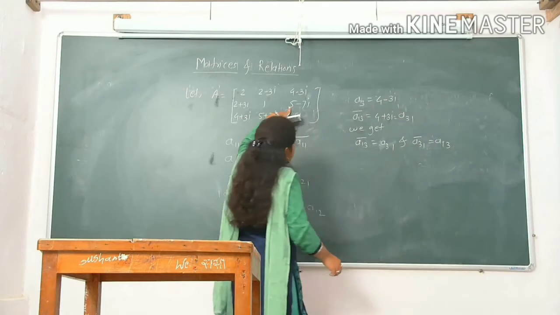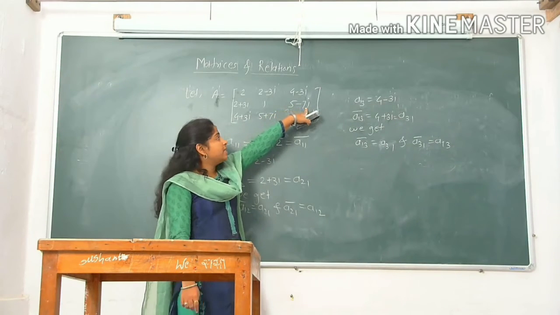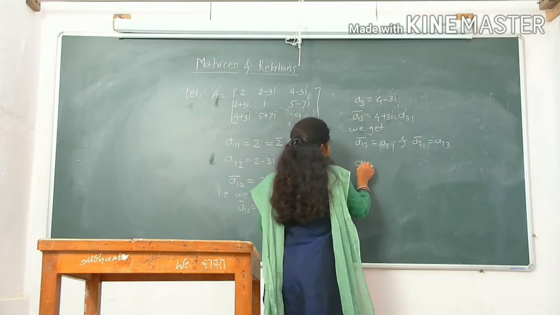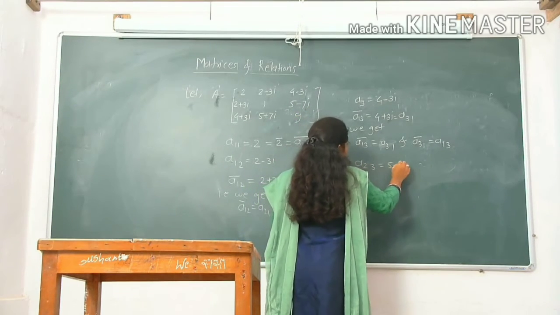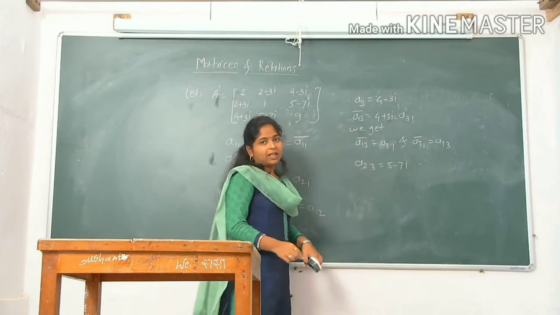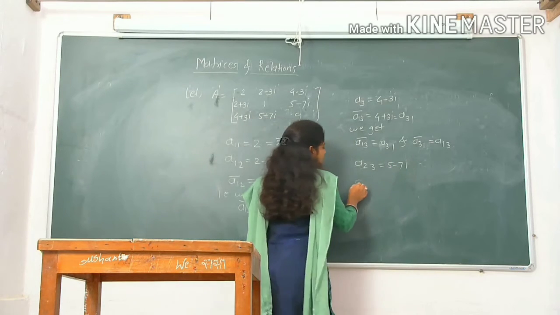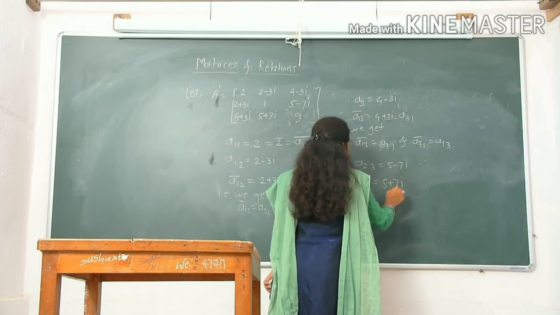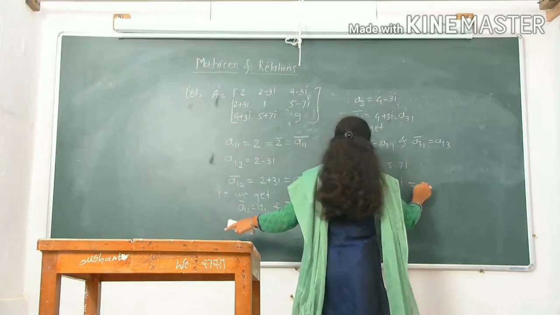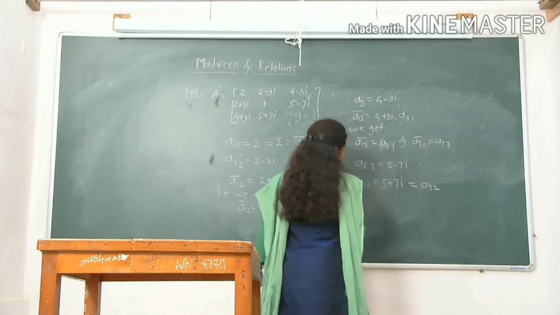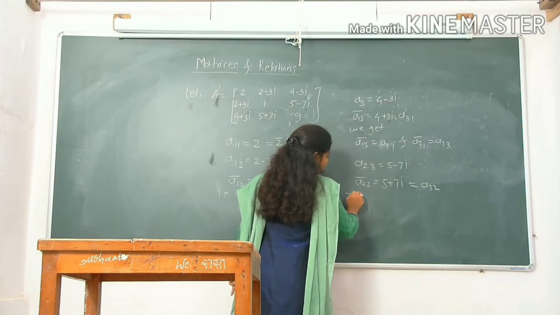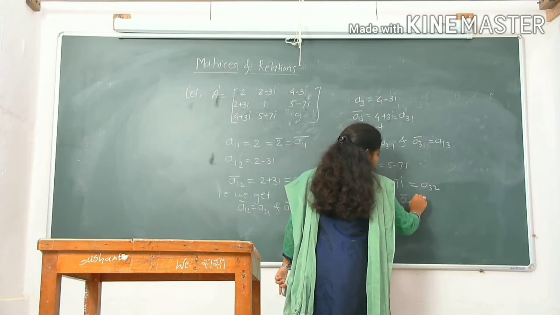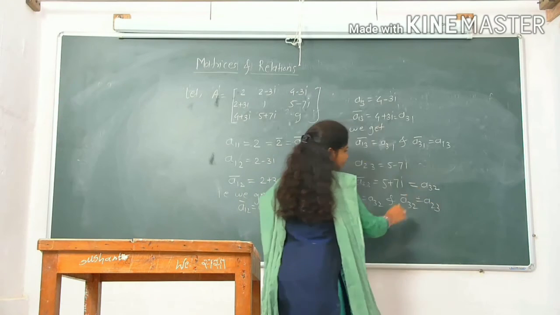Similarly, this 5 minus 7i is placed at second row and third column. So we have A23 equal to 5 minus 7i. Then we take its conjugate, that is A23 bar is equal to 5 plus 7i, which is the same as A32. That is, we get A23 bar is equal to A32 and A32 bar is equal to A23.